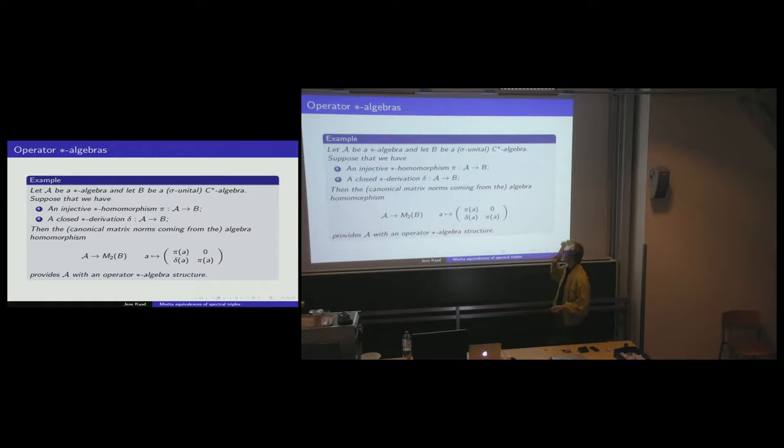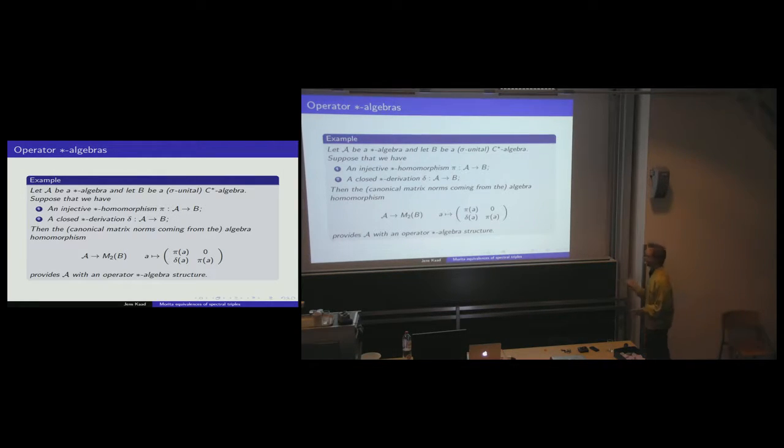But you see that it's not a star algebra homomorphism, because when I apply the star on the left-hand side, on the right-hand side, it flips, and it becomes upper triangular instead. So this can never be a star homomorphism. But I still get that this involution on the right-hand side agrees with the involution on the left-hand side up to conjugation by a unitary operator.